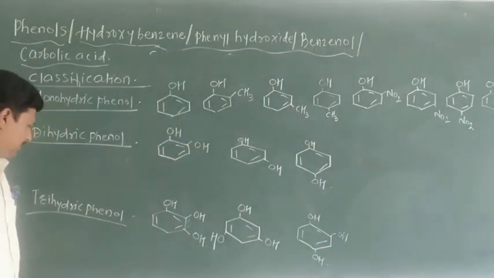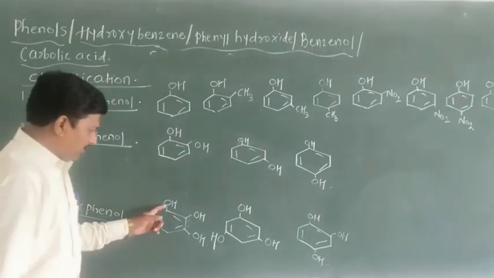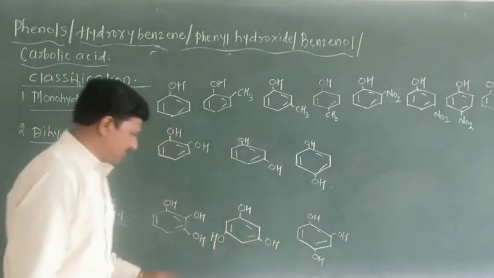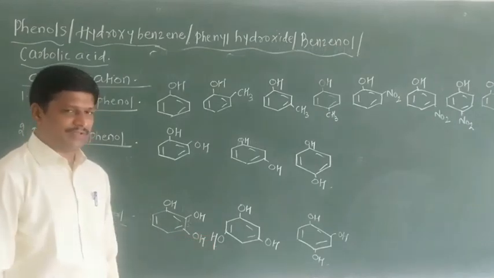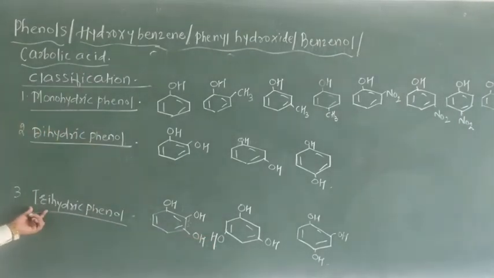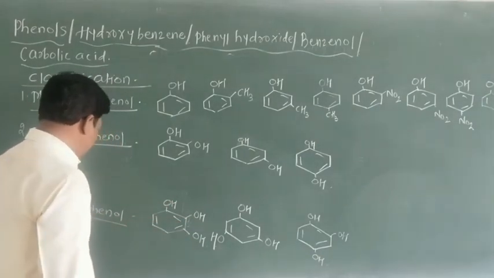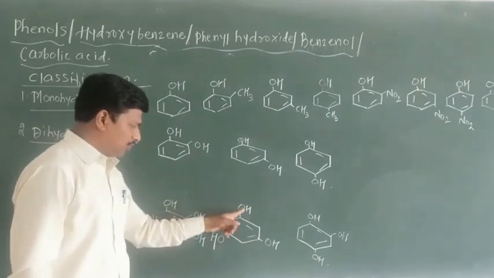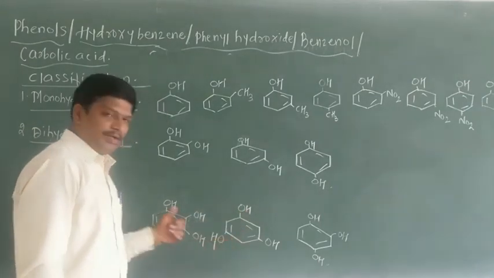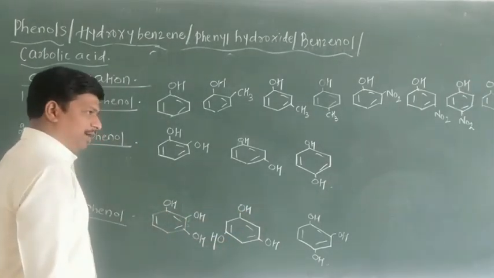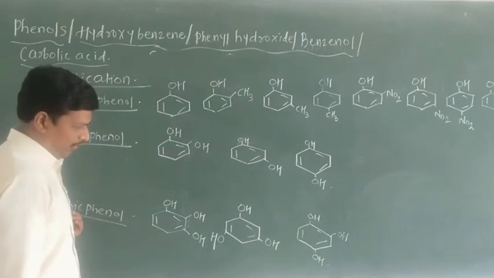Now as we see, these 3 structures contain 3 hydroxyl OH groups on the aromatic ring, 1, 2, 3. That's why it is the trihydric phenol. This structure also contains 1, 2, 3 OH groups on the aromatic ring, therefore it is also a trihydric phenol.